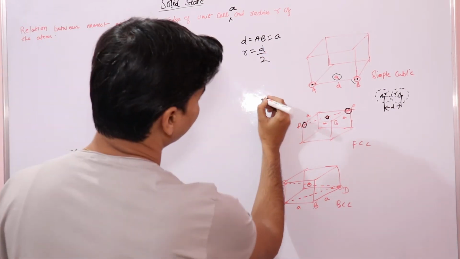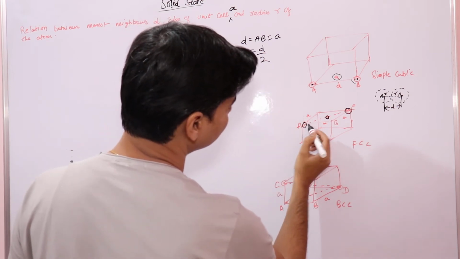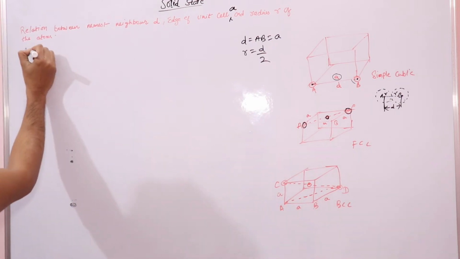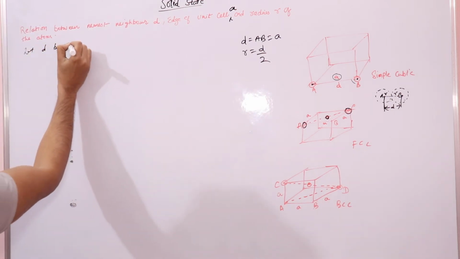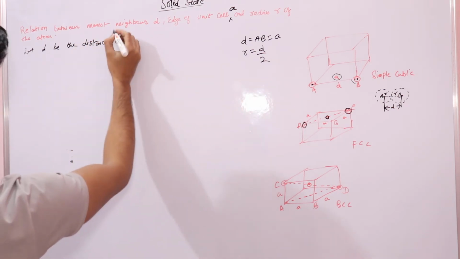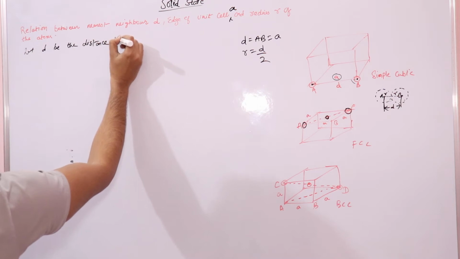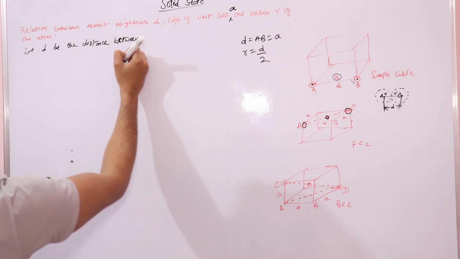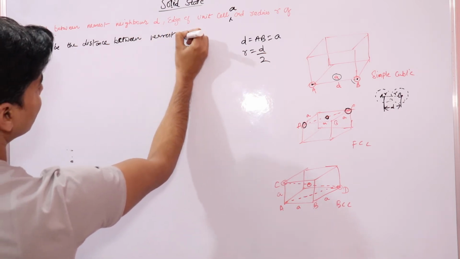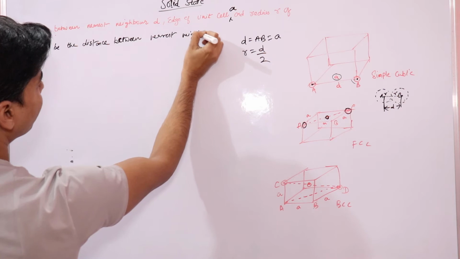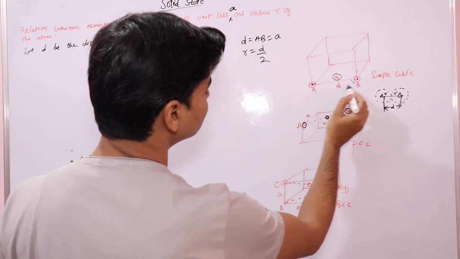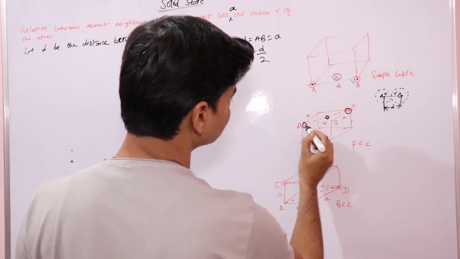Let D be the distance, this is for all the three cases, the distance between nearest neighbors. So D is the distance between nearest neighbors, that is this and this.